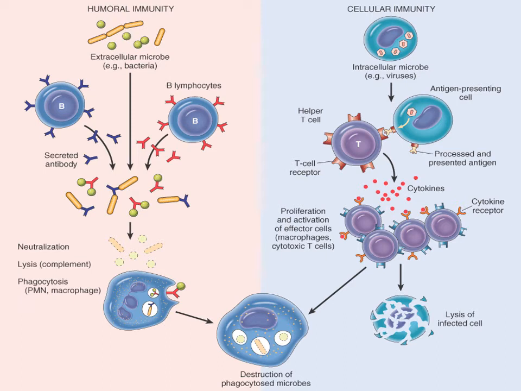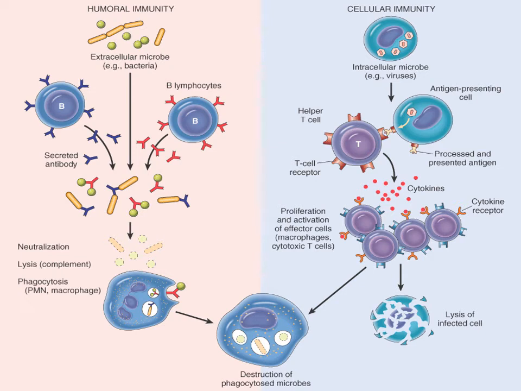When they get mixed up with complement factors, that results in lysis and phagocytosis of those microbes by macrophages. So it's a much smarter system that results in secretion of antibodies into the system, and those antibodies bind with microbes, and that results in killing.